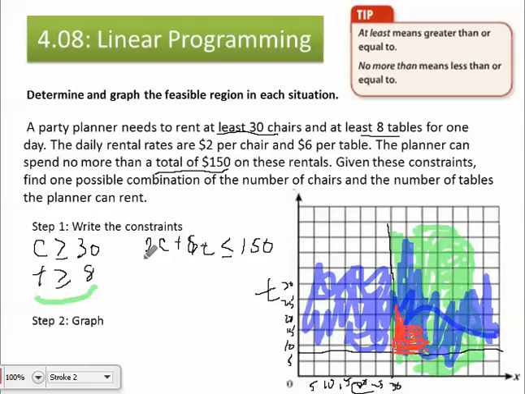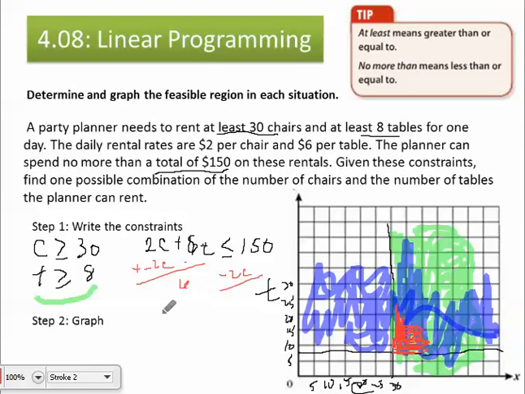But I haven't really solved this other equation over here yet. I need to solve this just a little bit. To get this to work correctly, I'm going to add the negative 2C to both sides, and I'm going to divide by 6.